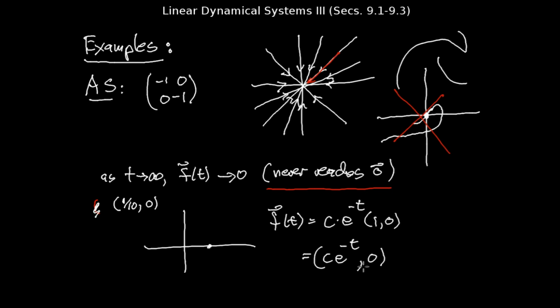And as t goes to infinity, what does this do? This is going towards 0 because this e to the minus t is going asymptotically to 0, but it's never actually reaching it.